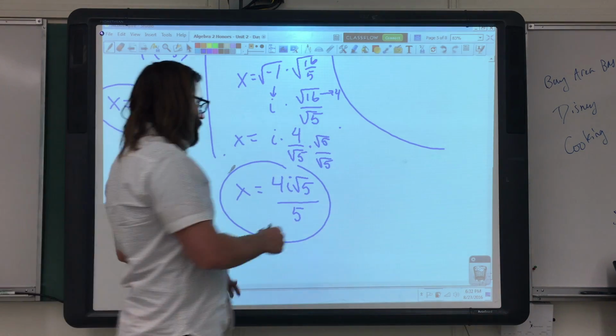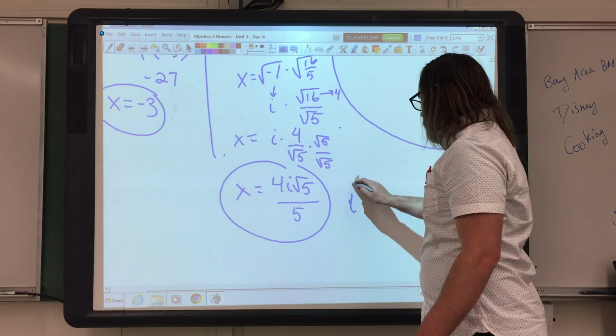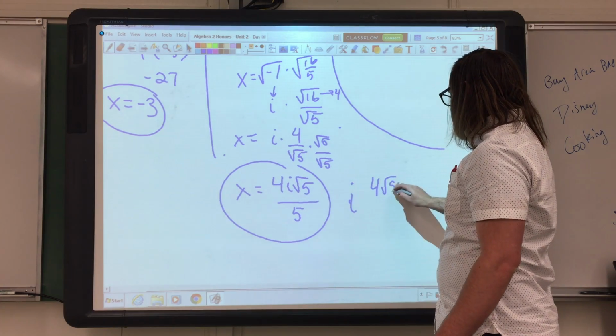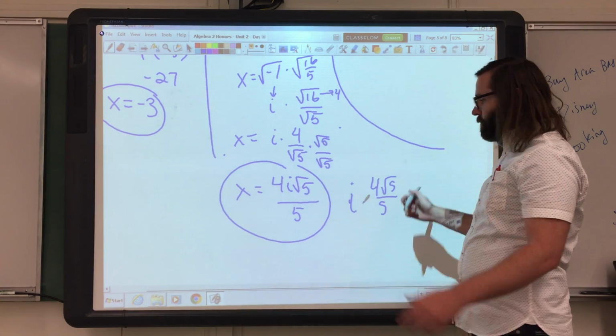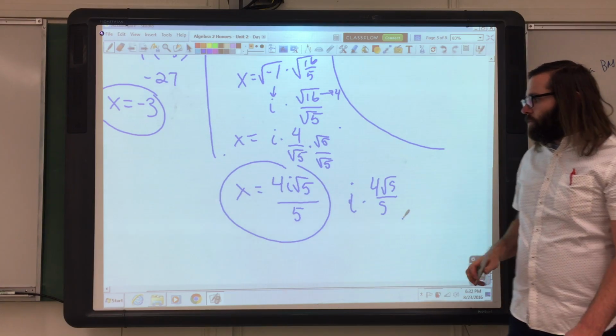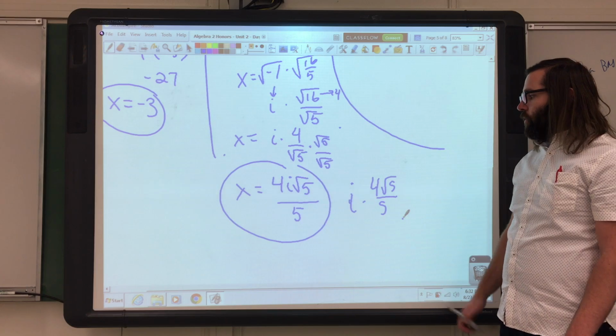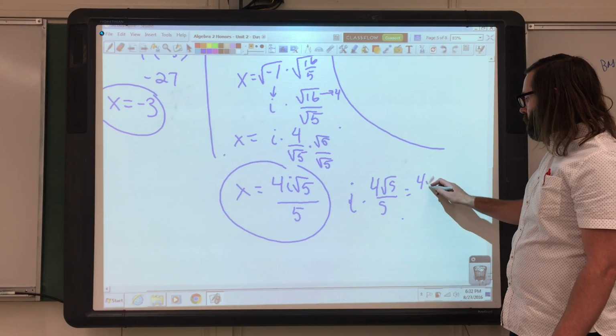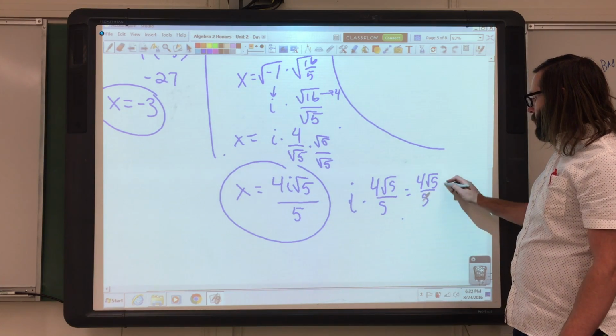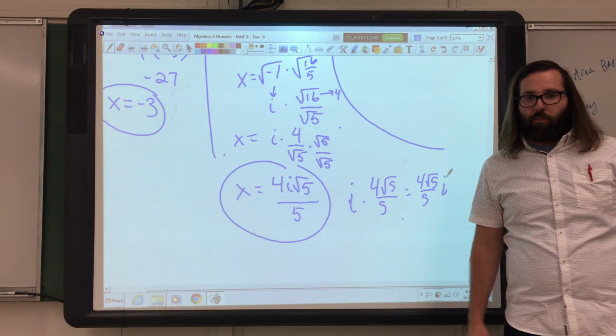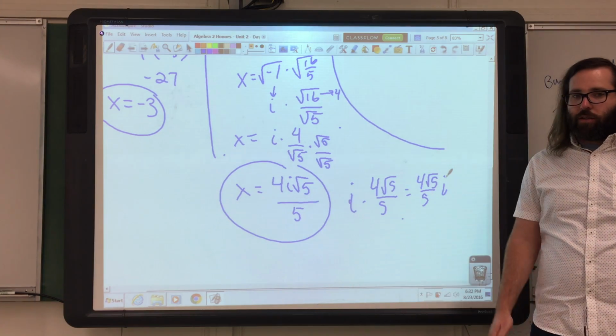If you wanted to leave this as i times 4 root 5 over 5, you could do that, that's fine. Generally you'll have the i there, it doesn't matter. Or you could do this as 4 root 5 over 5 i if you wanted. That all works. It's all the same thing.